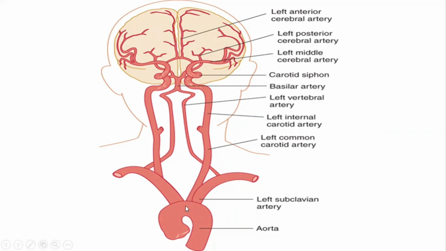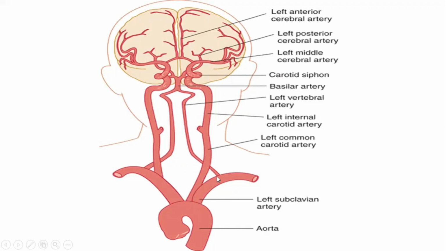But there is another artery that is coming directly from the arch of the aorta, which is the common carotid artery, the left common carotid artery, and this is the right common carotid artery. So we'll discuss these common carotid arteries in detail in the circle of Willis.